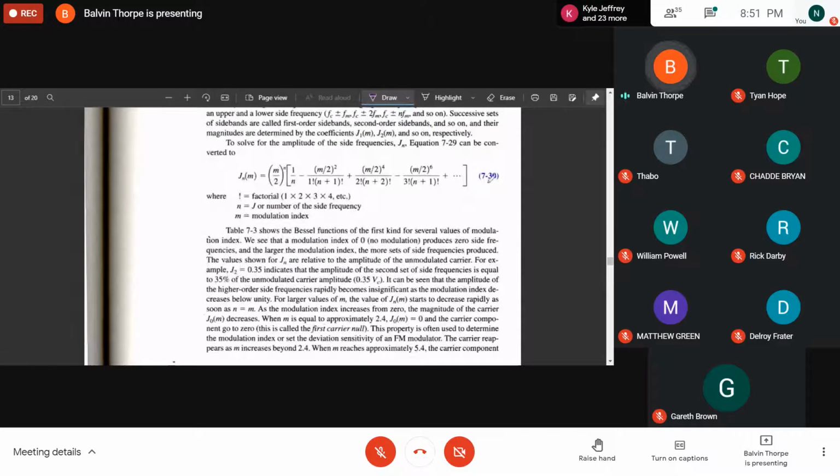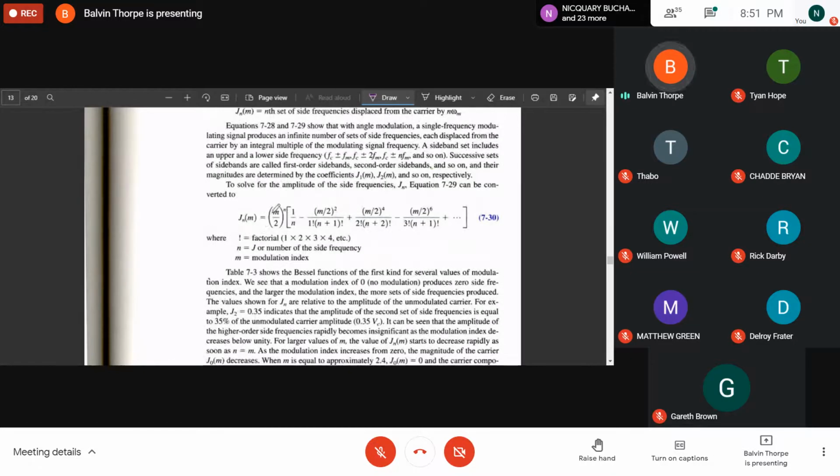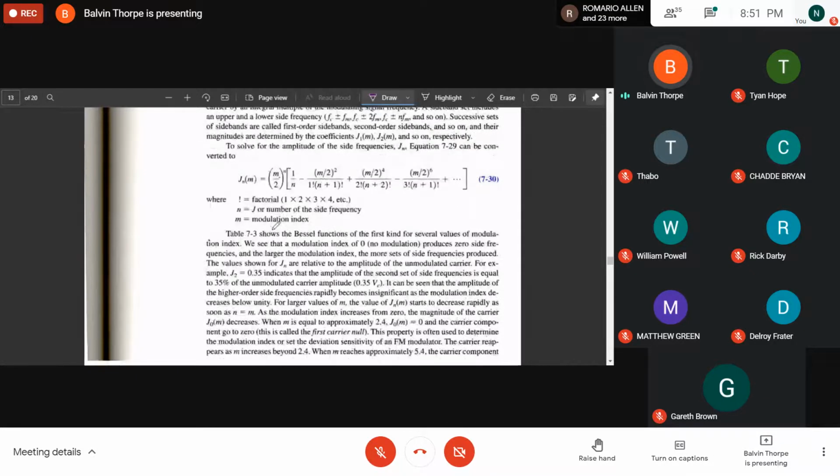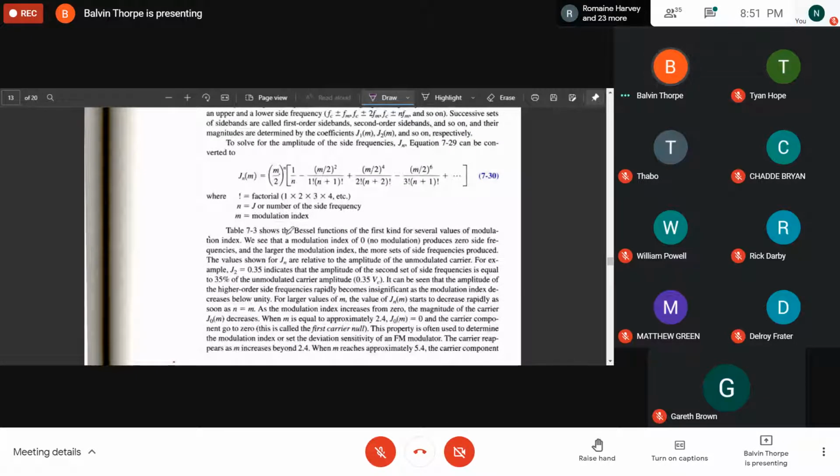After doing all this mathematics up to equation 7-30, table 7-3 shows the Bessel functions of the first kind for several values of modulation index.